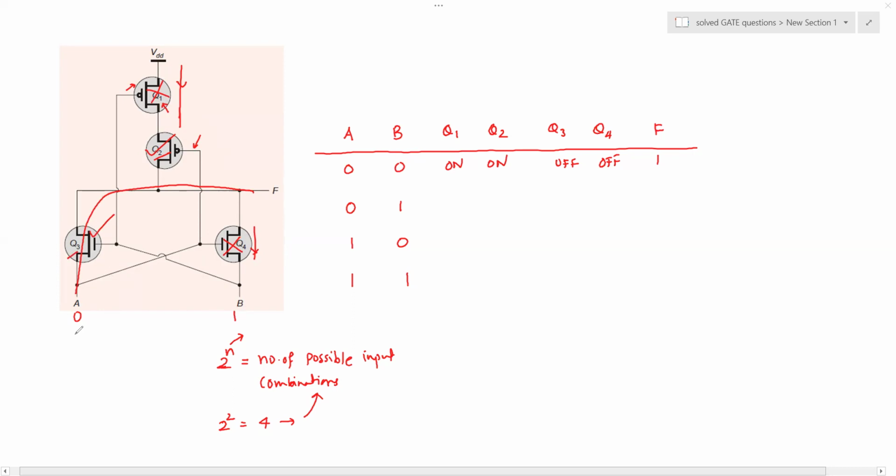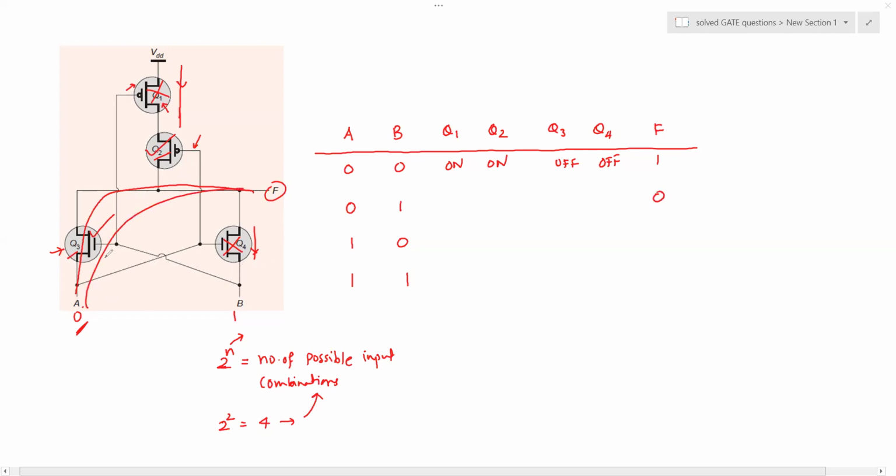So F gets connected to the input. In other words, we can say that Q3 now acts as a pass gate, connecting 0 to the output F. So the level of F here is 0, because 0 is getting connected to F.